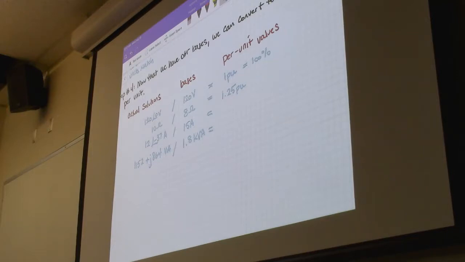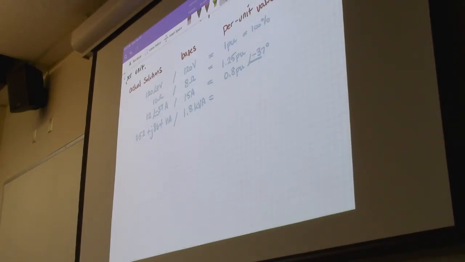The current is going to be 0.8 per unit with an angle of negative 37 degrees. That doesn't change. And then lastly, we'll have 0.64 plus j0.48 per unit.